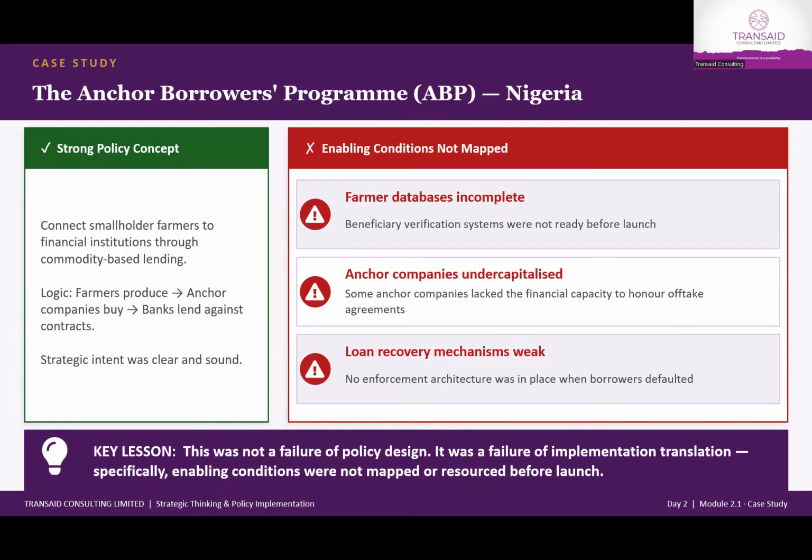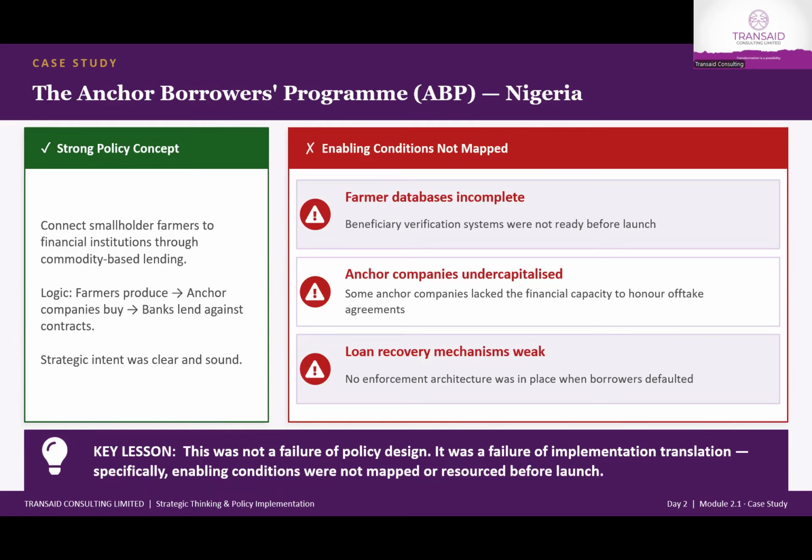The farmer will collect the money, remove his or her own profit, and pay back the loan. That was the strategic intent: to stop Nigeria from spending billions of dollars importing food we can grow ourselves, while making sure the farmers get a fair, guaranteed payback. Good intention. Strategic intent was clear and sound.